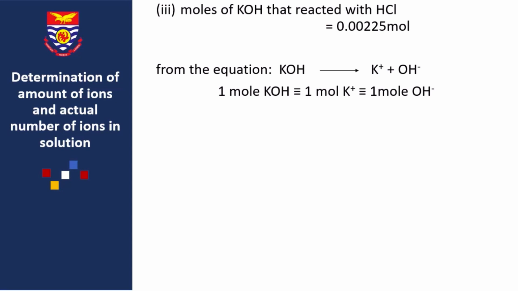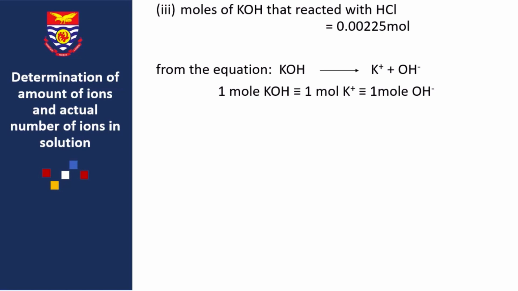So let's do our mole ratio. From this equation, 1 mole of potassium hydroxide would dissociate to give us 1 mole of potassium ions and 1 mole of hydroxide ions.